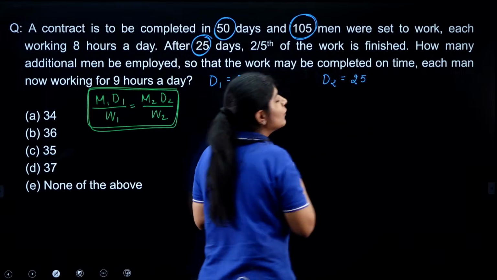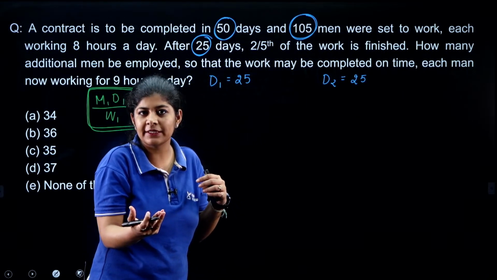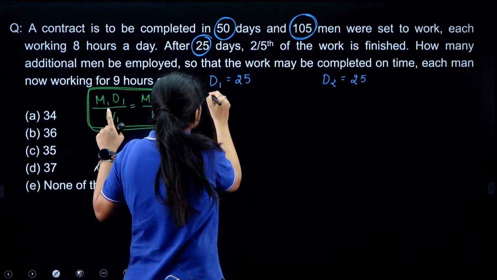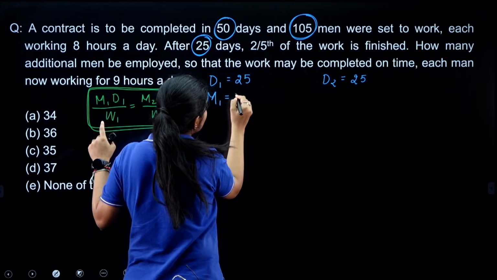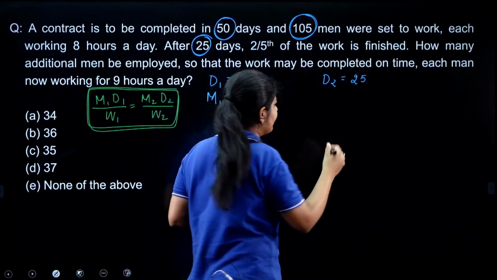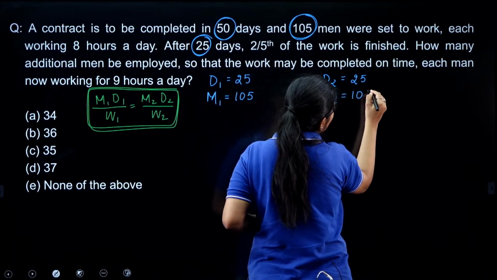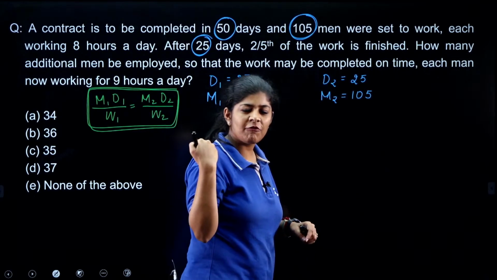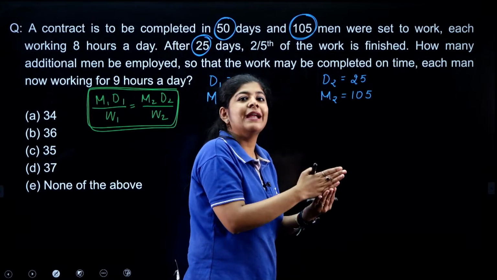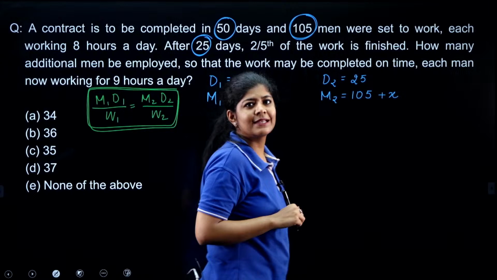This D2 I am going to use to find how many new men are required to complete the remaining work. So M1 is 105 men, which I hired initially. Now the value of M2 is the previous number of men, 105, plus the additional men, and I am assuming that value is X.